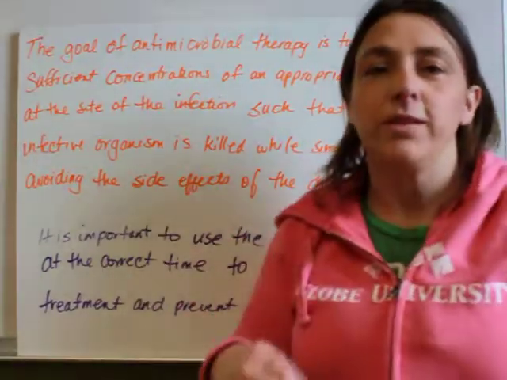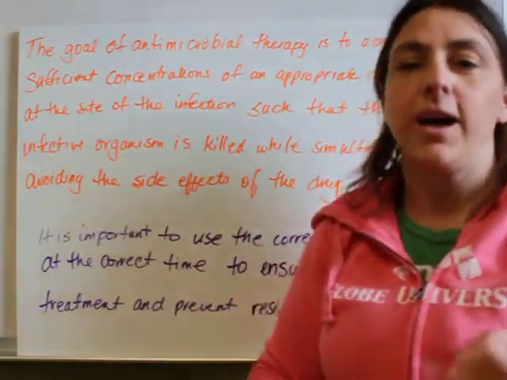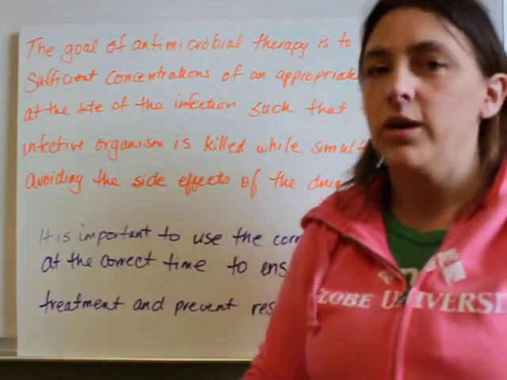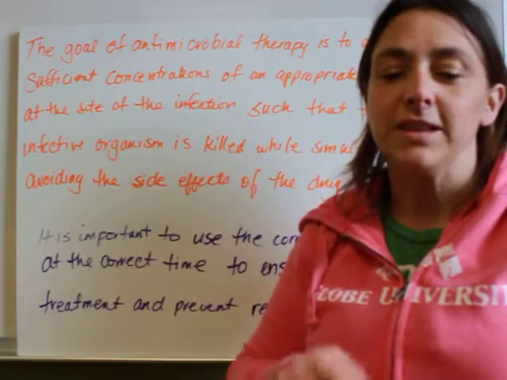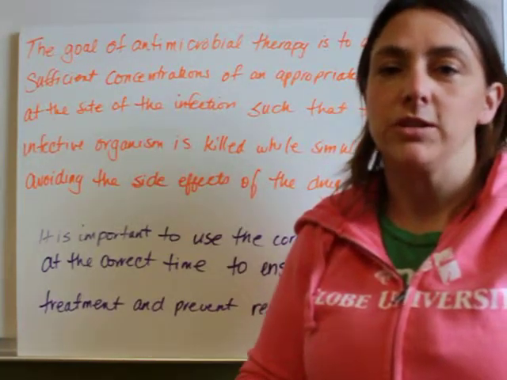So basically what this means is we use the right antibiotic to kill the right organism at the right place with the least amount of side effects to the patient as possible.